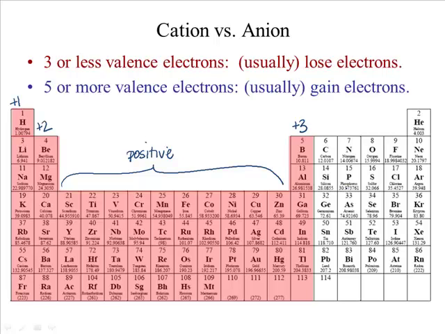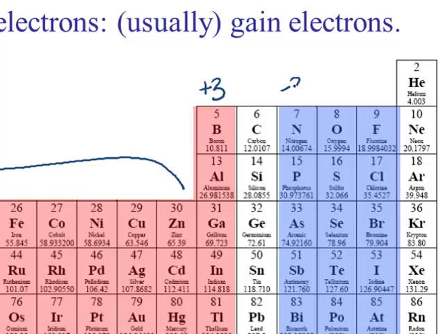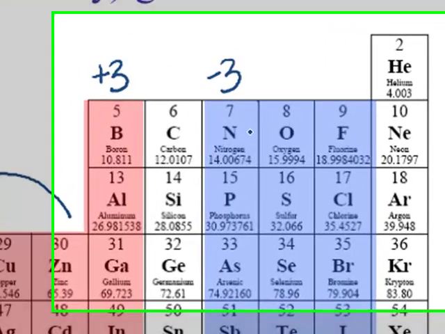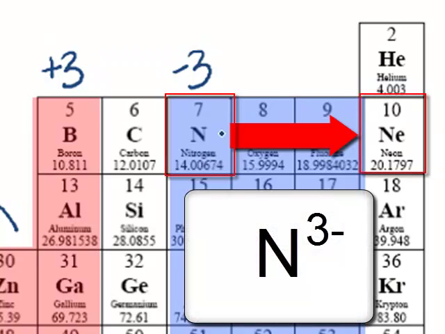On the other side of the periodic table, the elements in group 5, 6, and 7 have 5 or more valence electrons, so they'll usually gain electrons. That means that the elements in group 5 tend to form a 3 negative charge. The reason for this is that an element like nitrogen needs to gain 3 electrons to become isoelectronic with neon, so it's likely to become N3-.